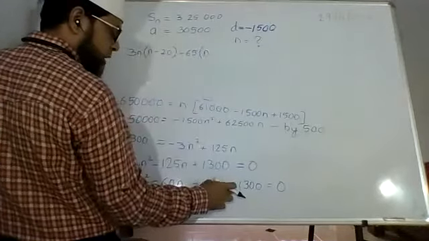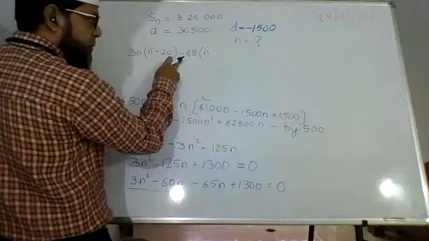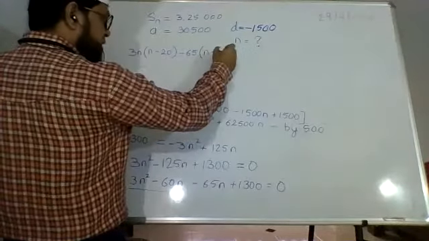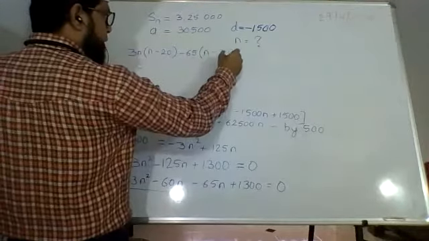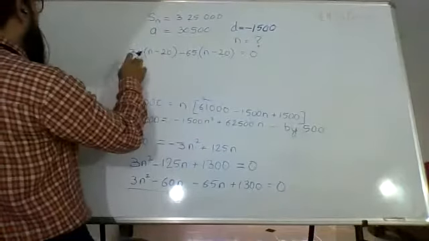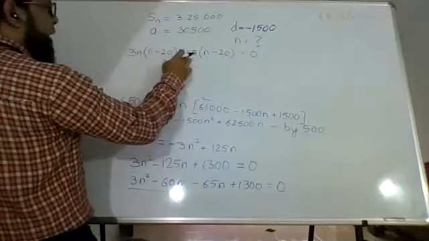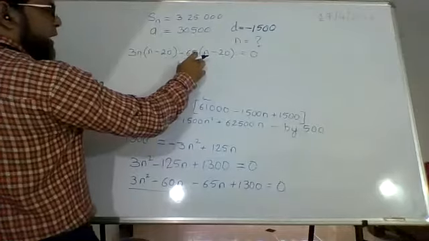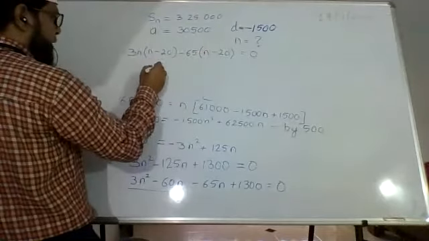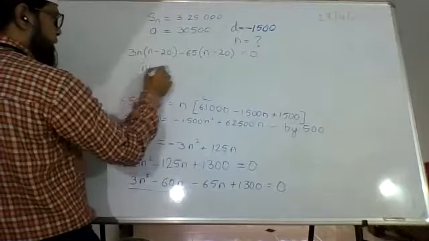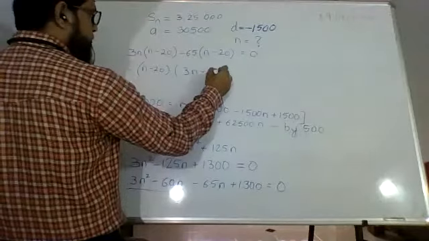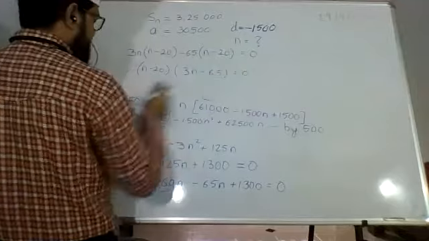There is plus, but since outside the bracket there is a minus sign, the sign inside is also going to change, and this is again 20. This is equal to 0. 3n into bracket n minus 20 minus 65 into bracket n minus 20 equals 0. n minus 20 is common, so I take it outside. Here I have 3n minus 65 equal to 0.